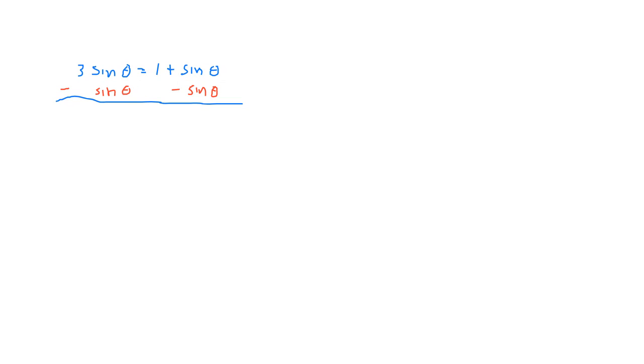And so on the left side, you have 2 times the sine of theta equals 1, right? So that means the sine of theta is equal to 1/2. Sine of theta equals 1/2.